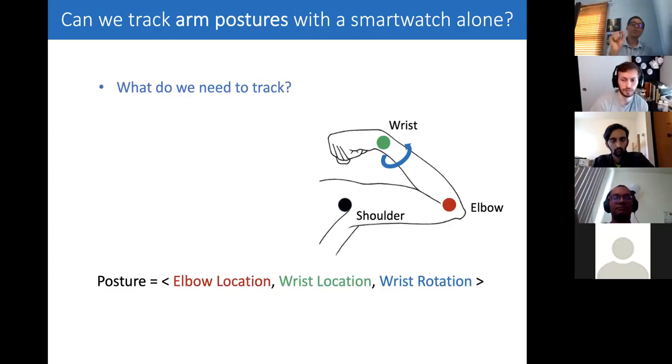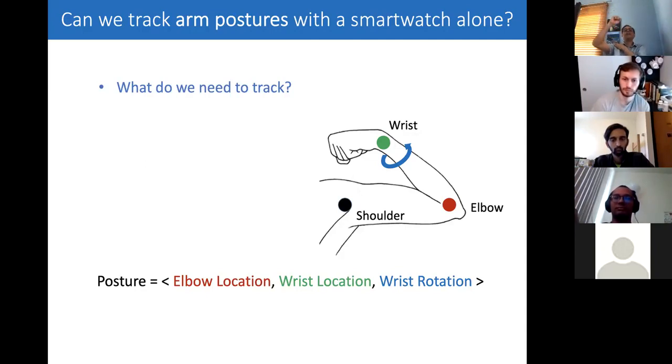Okay. There's one assumption we are making over here, which is I am going to track the position of the arm, the posture of the arm, with respect to my shoulder, which means the shoulder is the origin 0, 0, 0, and I'm going to understand where my elbow is, where my wrist is, and what my wrist orientation is, everything with respect to the shoulder, right?